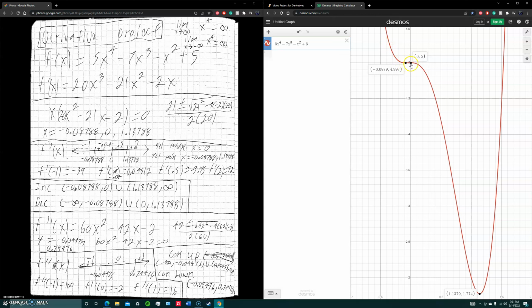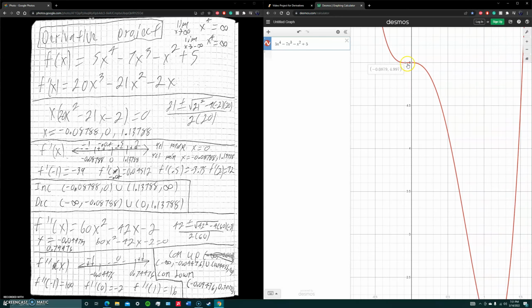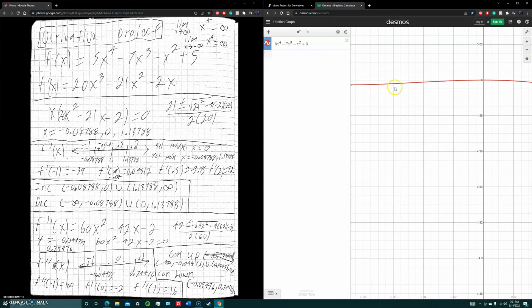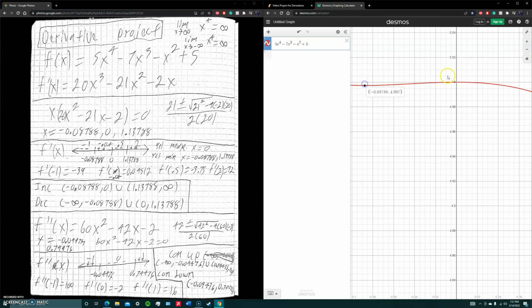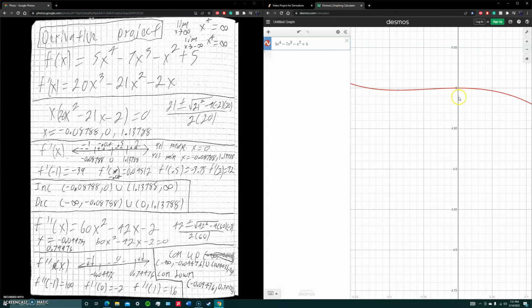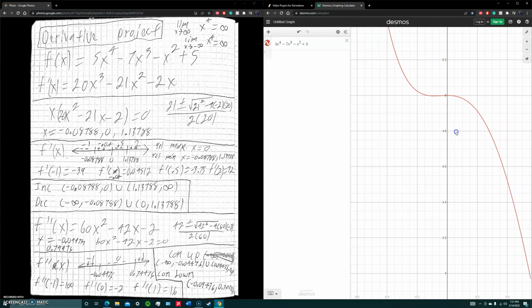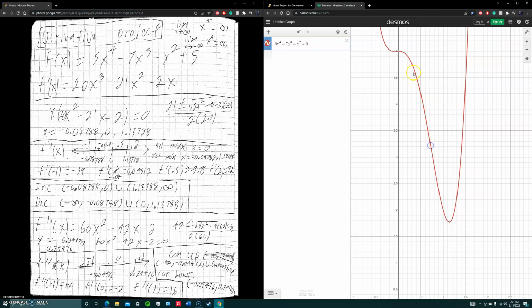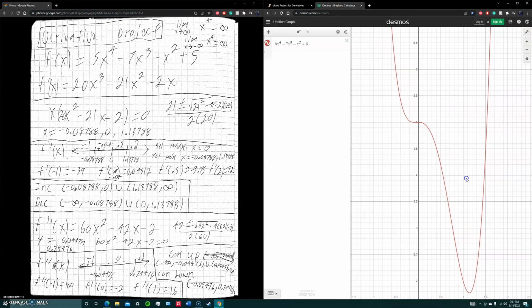Now between these 2 points it's harder to tell zoomed out, but when zoomed in even more than they already are, it's shown that it is increasing. And from 0 it decreases and then increases once more.